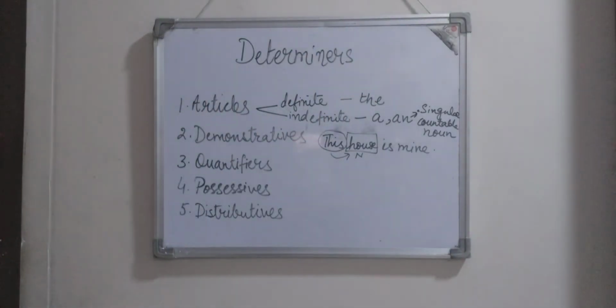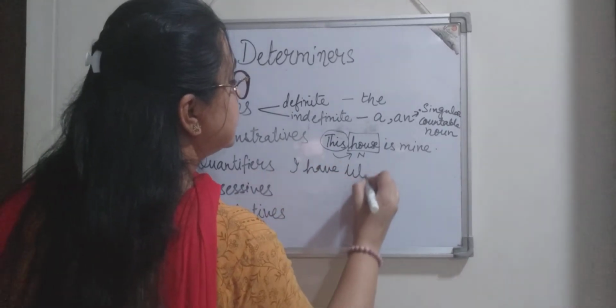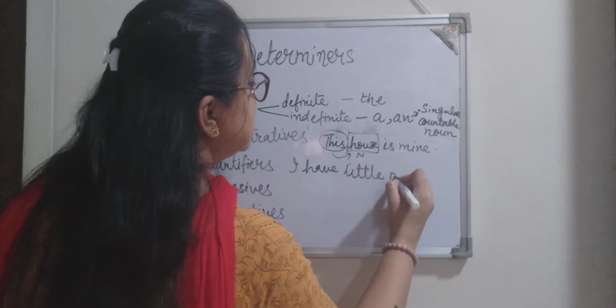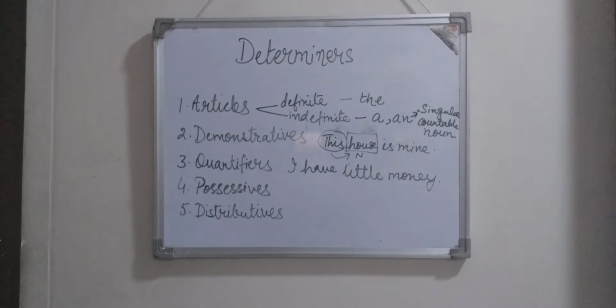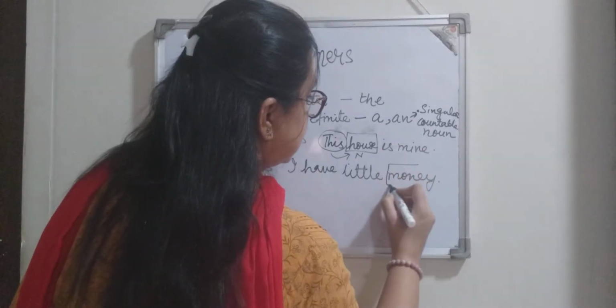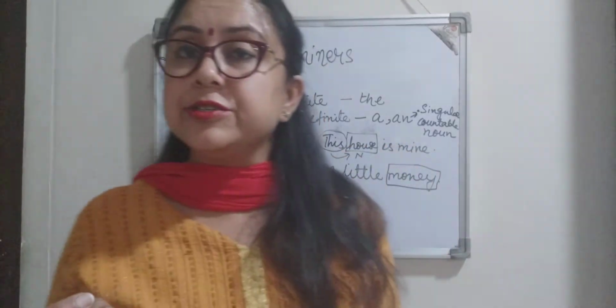For example, I have little money. So here, where is the noun? Of course, money is the noun. And which word gives us more information about the noun?